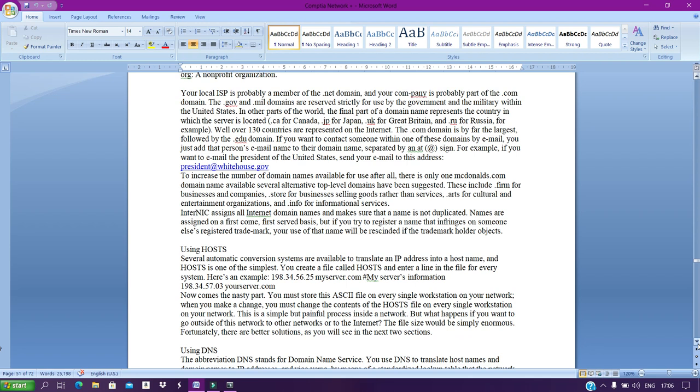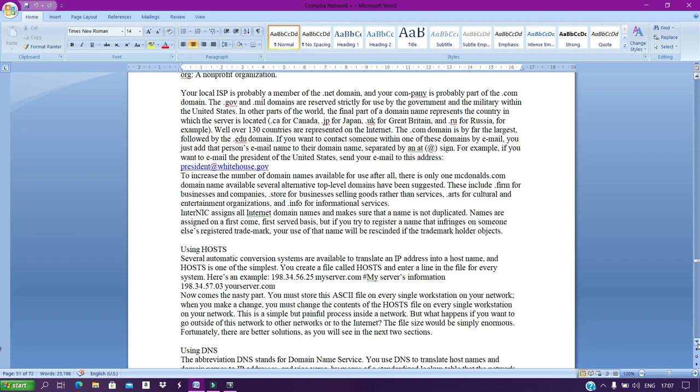For example, well over 130 countries are represented on the internet. The .com domain is by far the largest, followed by the .eu domain. If you want to contact someone within one of these domains, you just add the person's email name to their domain name, separated by an at sign.